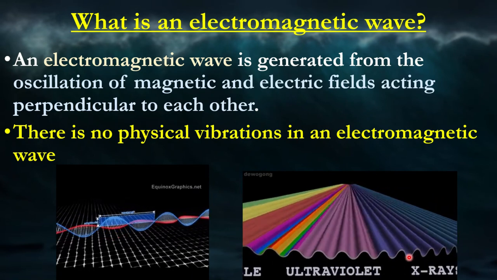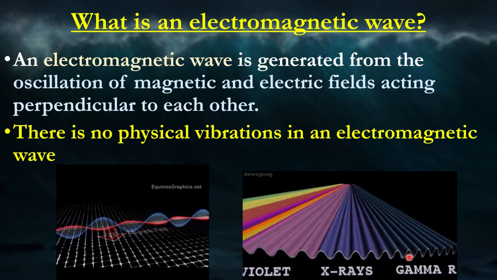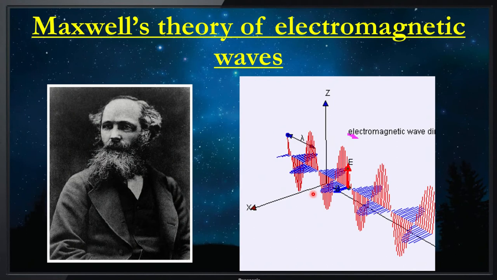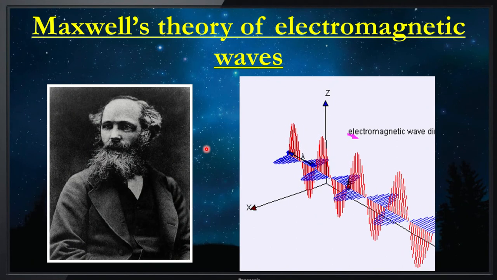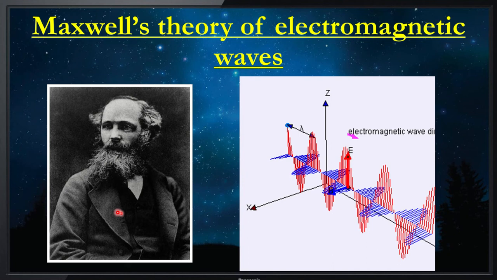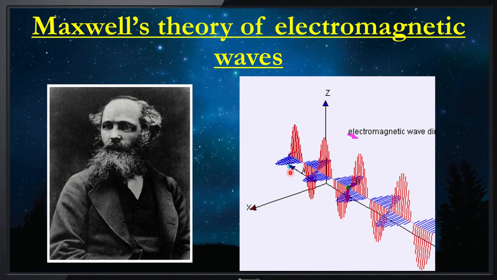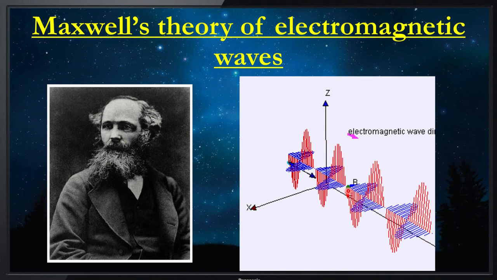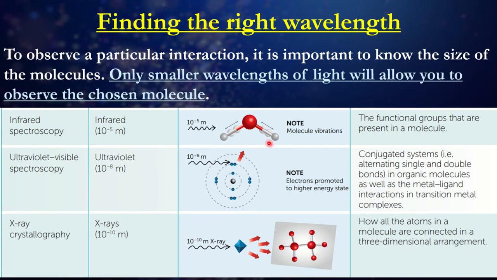The shorter the wavelength, the smaller the molecular structure we can look into as well. The first person to actually propose how electromagnetic waves are produced and propagate is James Maxwell. That's just showing you how if a charge is oscillating, you generate these electric fields and magnetic fields. So just giving you an idea of what we're trying to deal with in light.